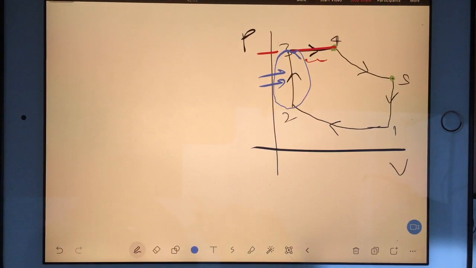Try to recall. Very good, very good. What is another name for constant volume?